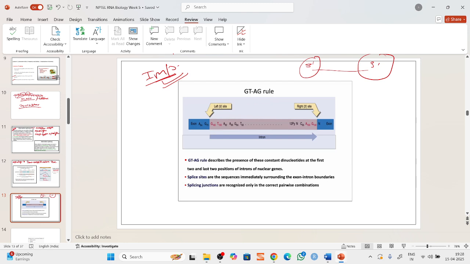This is the exon and this is the intron, and your splice site is here, which surrounds the intron and exon boundaries. Splicing junctions are recognized only in correct pairwise combinations. So the start of the intron is always GT and the end of the intron is always AG.